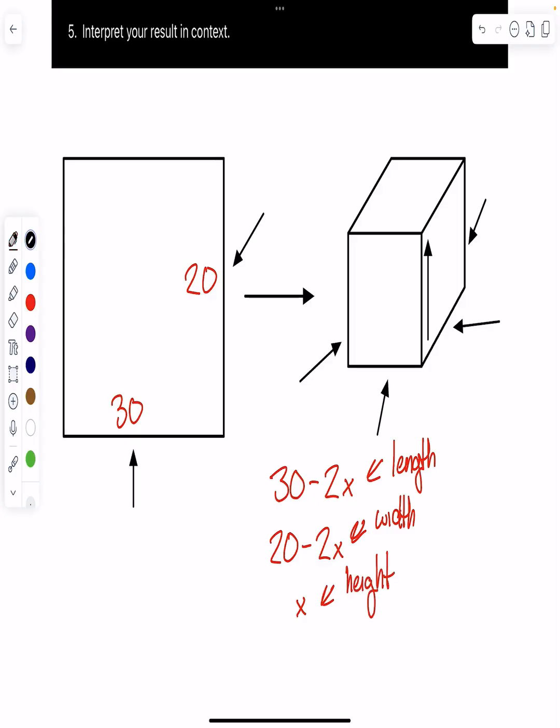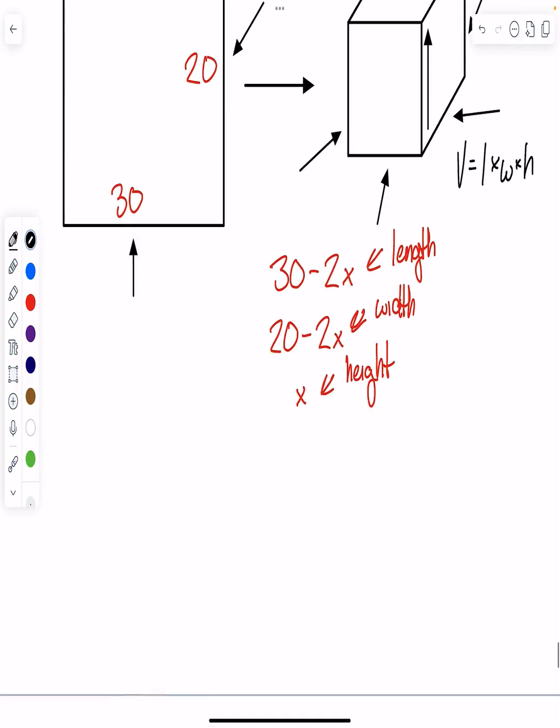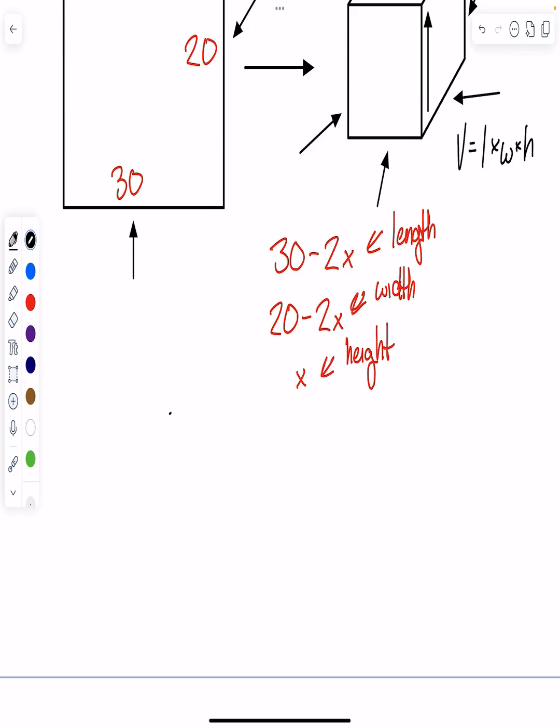Recall that the volume of a box is equal to length times width times height. And so to find my volume function, I'm going to take x, multiply that by 30 minus 2x times 20 minus 2x. And in this case, I'm going to distribute out my values.